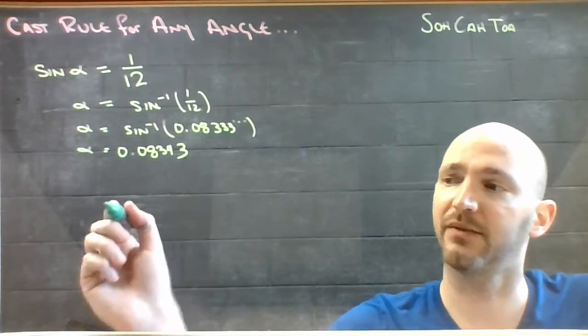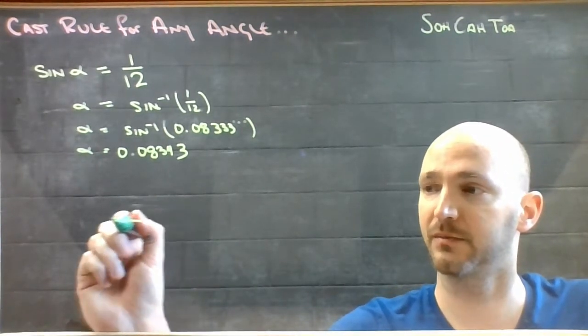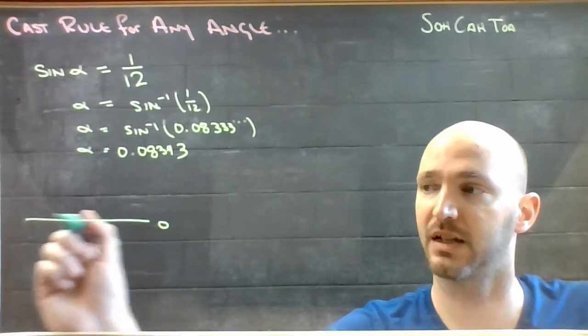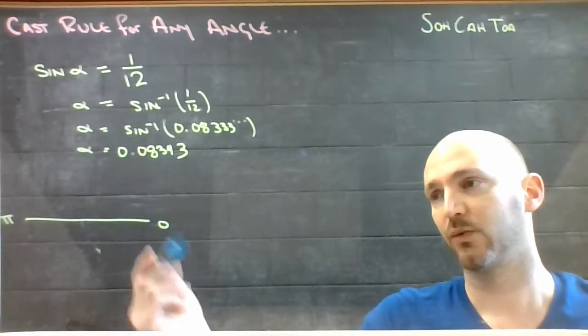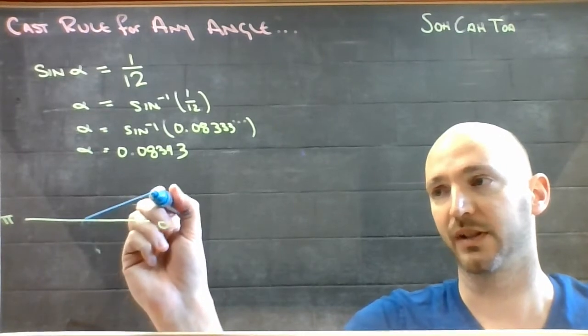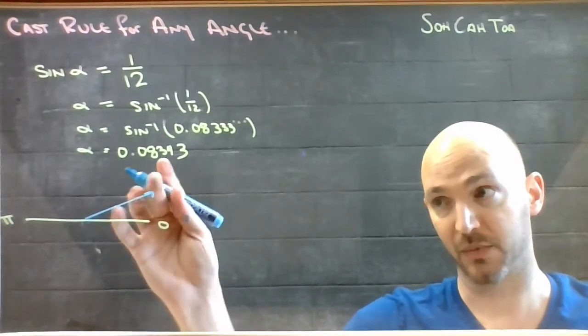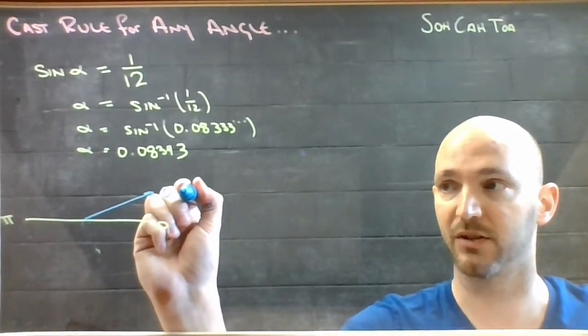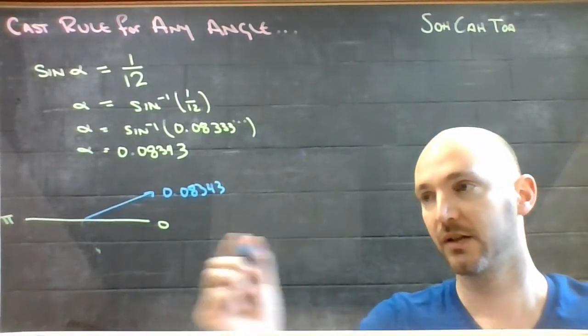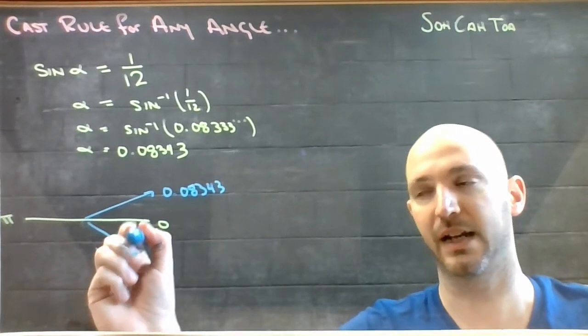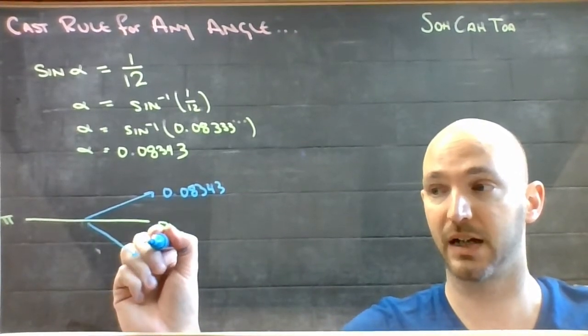So I have to construct the angle family. So 0 was here, pi was over on that side. In order to get the solution in this quadrant, I just had to take this number. So that's my first one, 0.08343.